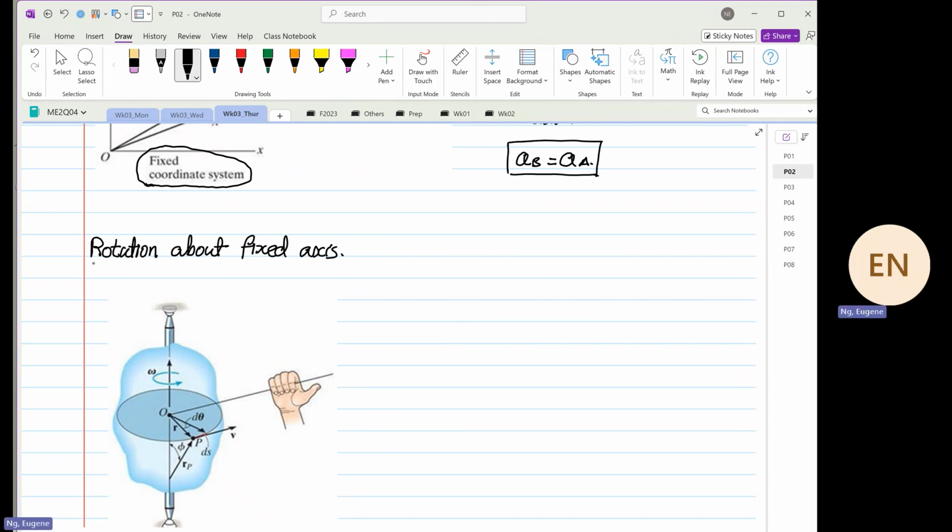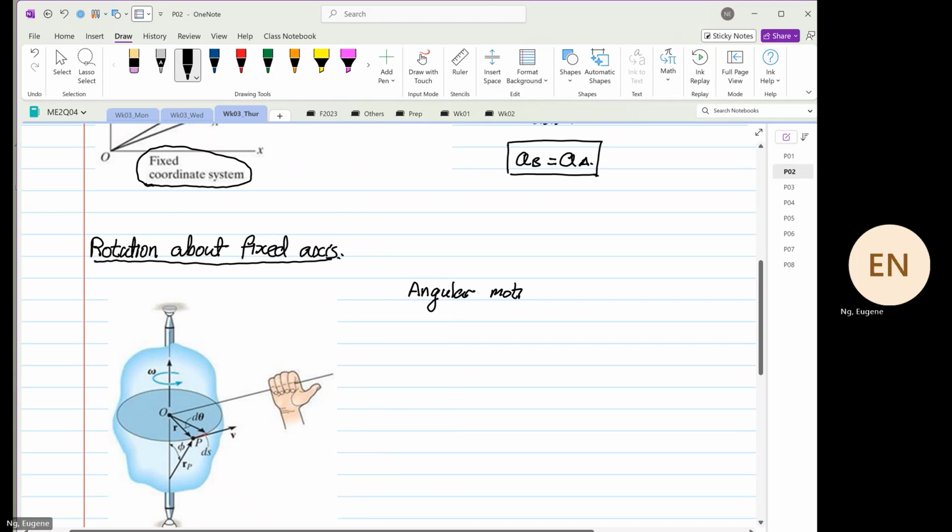So the thing that we're going to highlight now is angular motion. Angular motion is only possible with bodies that undergo angular motion.